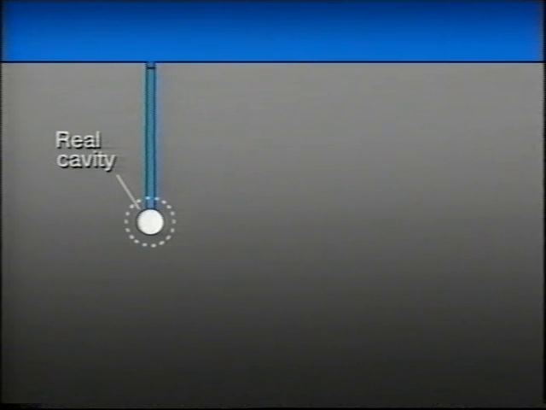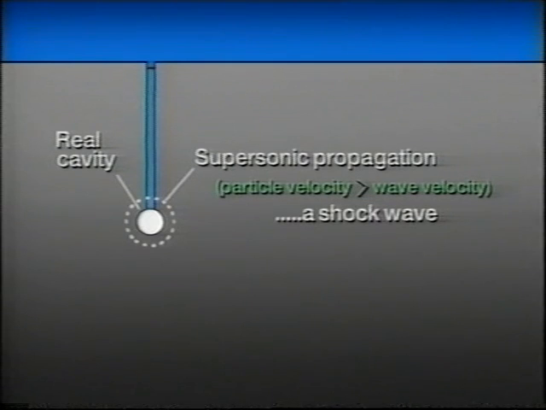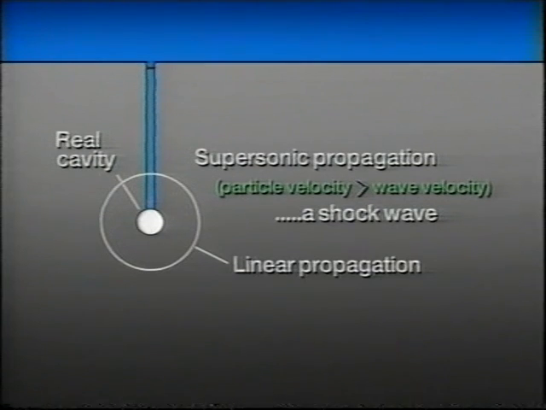Even beyond that, the propagation is still nonlinear. We say supersonic, meaning that the particle velocity exceeds the wave velocity. The wave is a shock wave. Of course, this wave decays in amplitude as it spreads out, and so we can visualize a sphere at which the amplitude falls to a level where the propagation becomes linear. We call this sphere the equivalent cavity.